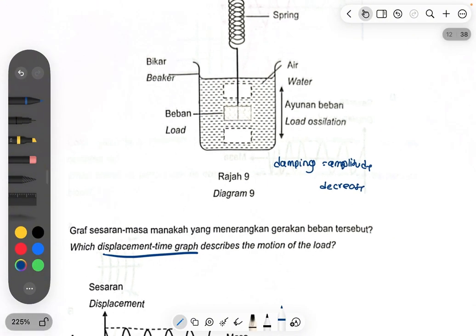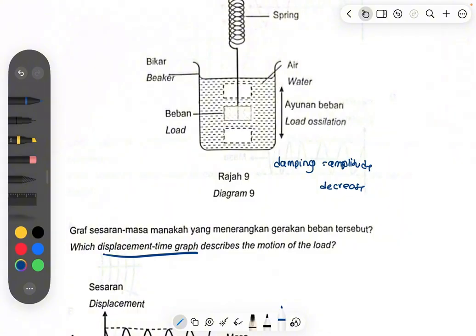And it's different, okay? If it was an acceleration time graph, I think, wait, let me open. Because if displacement time graph, it's easy. You just draw like a loop and it will like decrease in amplitude. Tapi kalau acceleration time graph, then it's also easy. It's just like a straight line and it like decreases.